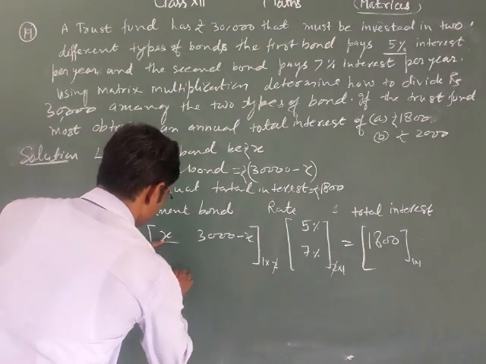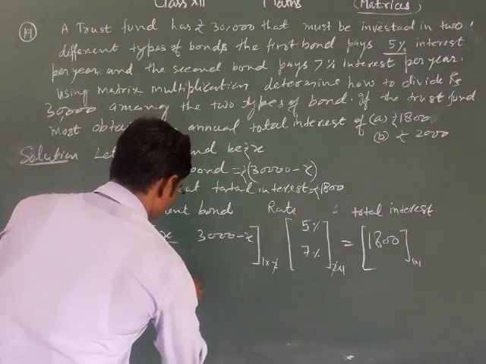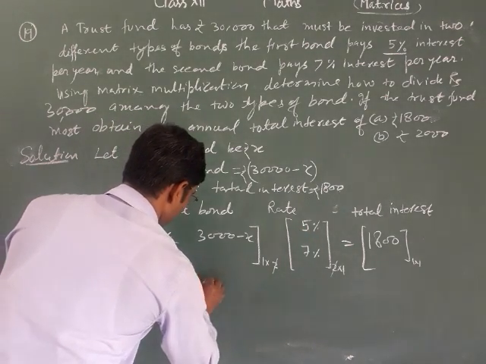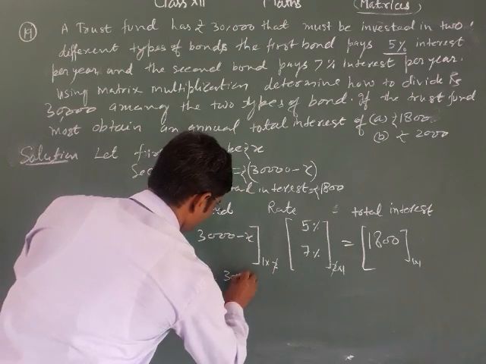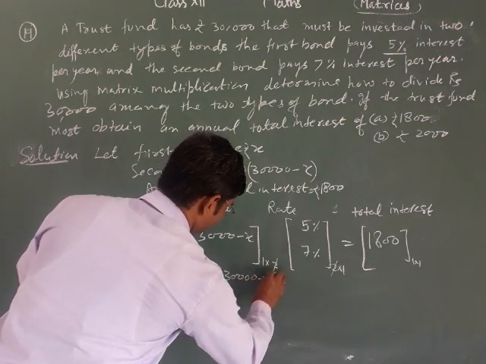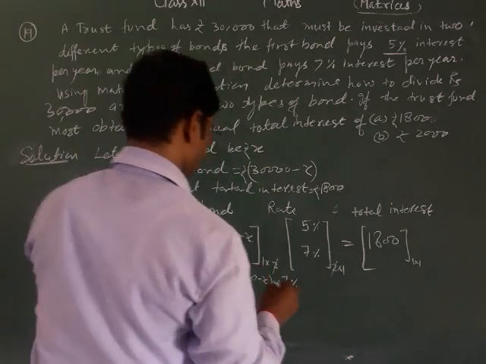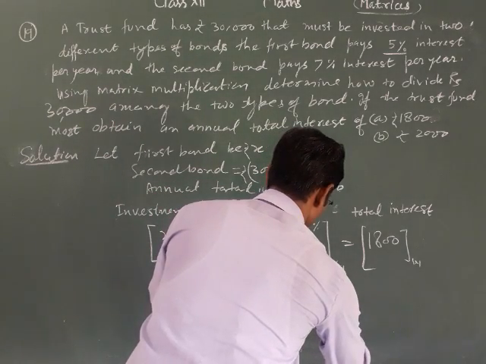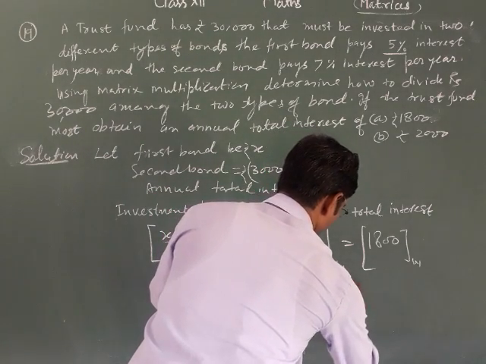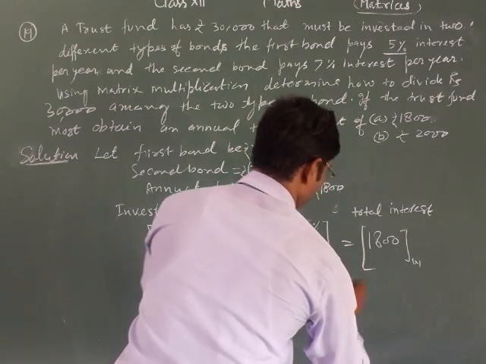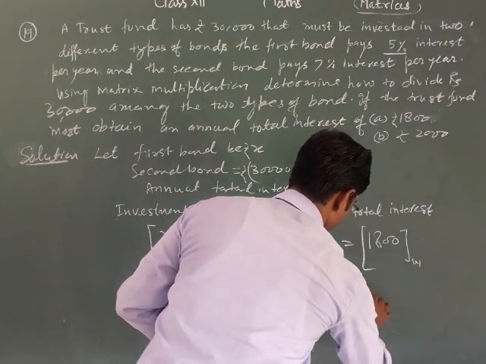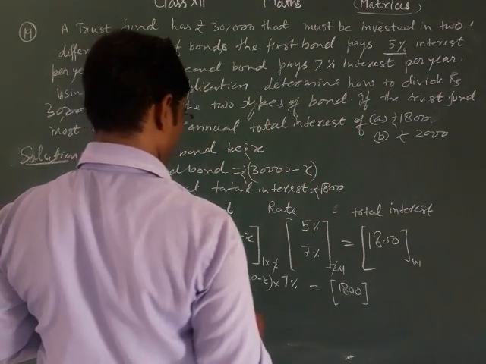So x into 5% plus (30,000 minus x) into 7% is equal to 1800.